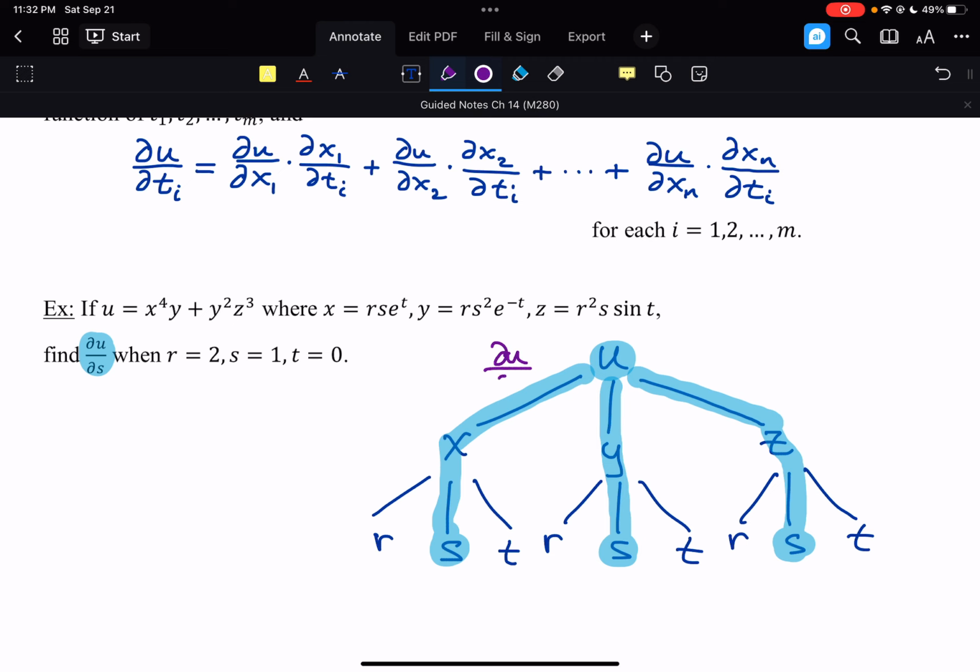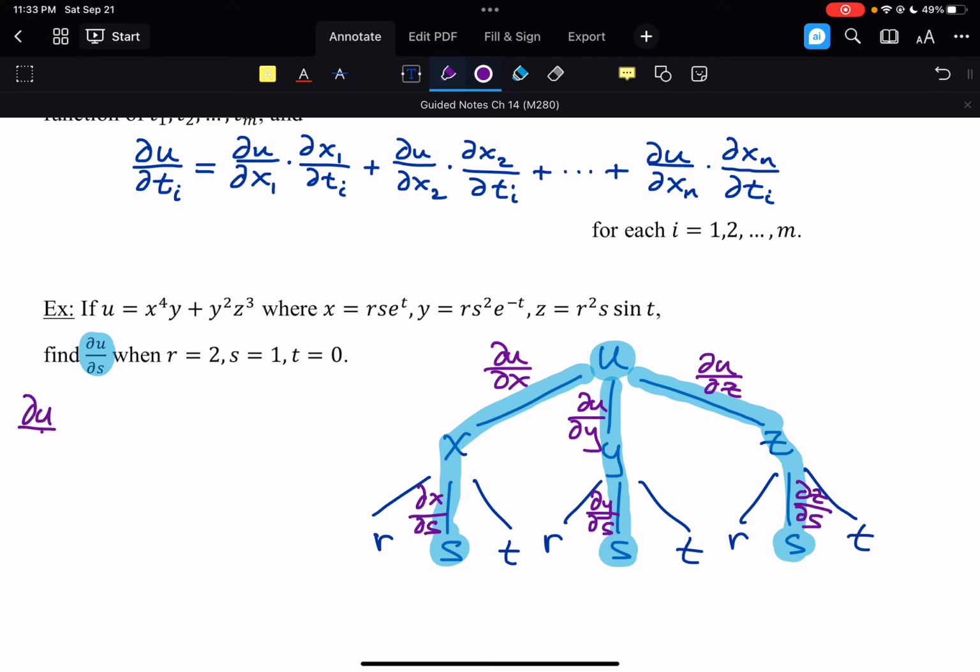So that's partial u with respect to x, partial x with respect to s, partial u with respect to y, partial y with respect to s, partial u with respect to z, partial z with respect to s, that connect the variables together. And now we multiply down and then add across.